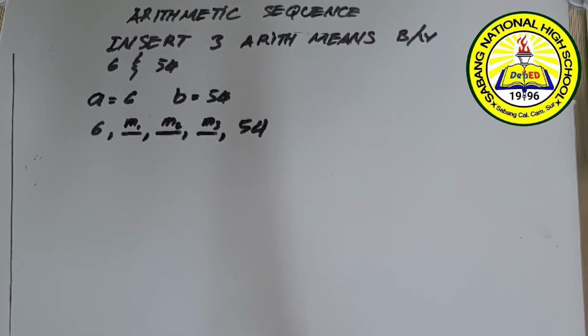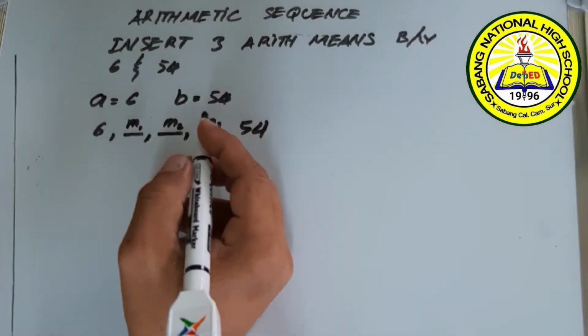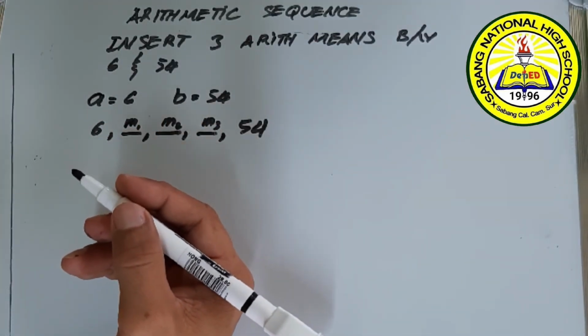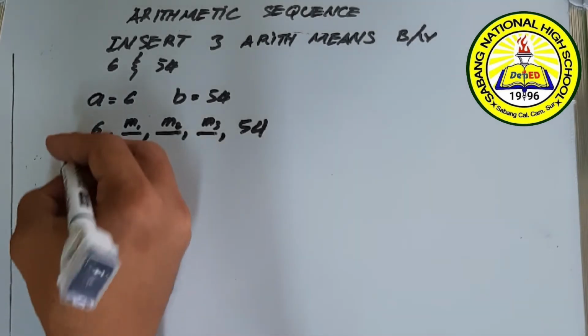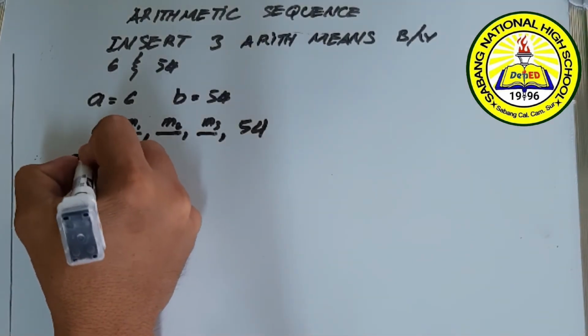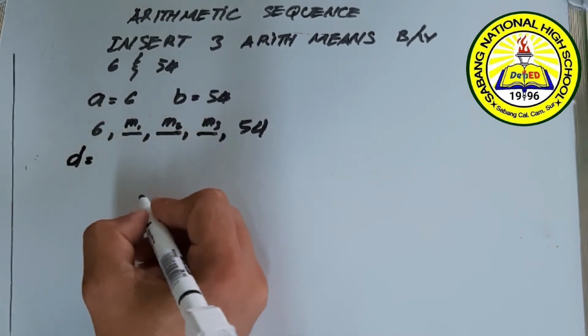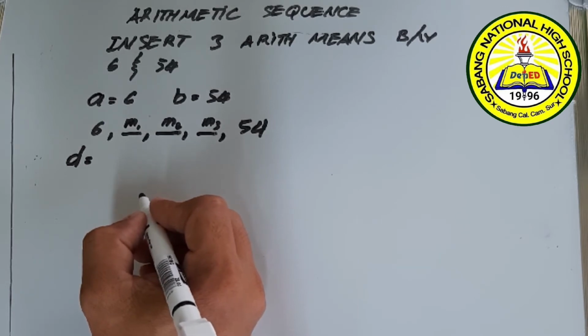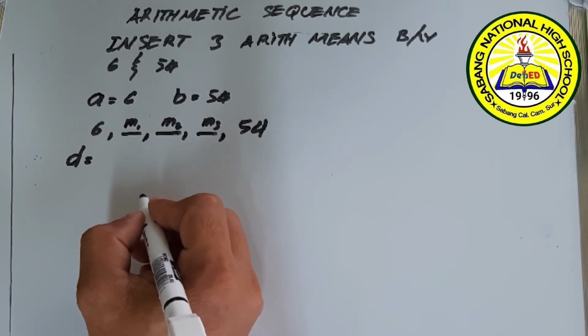Question, how are we going to find the values of m sub 1, m sub 2, and m sub 3? Based on our definition, an arithmetic sequence has a common difference. That is what we are going to find first. Every term of an arithmetic sequence is found by adding a common difference on its previous or preceding term.